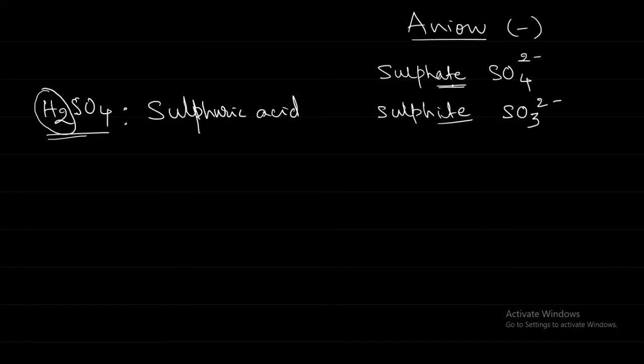Whenever we say ate, that means something you have to remember as the most common. Whatever is the most common acid, from that you remove the hydrogens and write sulfate. Sulfite means a bit less than that. What is less? The oxygen. SO4 becomes SO3. The charge will be the same, 2 minus.